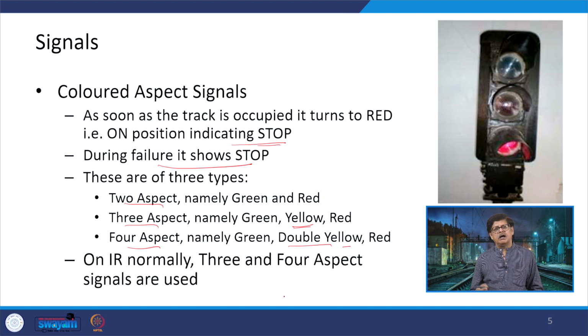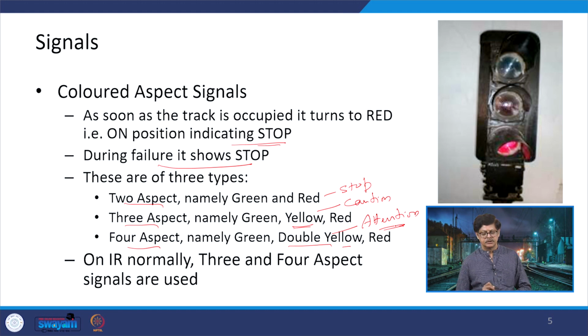They are related to the stop condition, caution condition and attention condition, as we have discussed previously, and there is the possibility of having 4 aspects along with the green showing proceed. On Indian Railways, normally 3 and 4 aspect signals are being used nowadays.